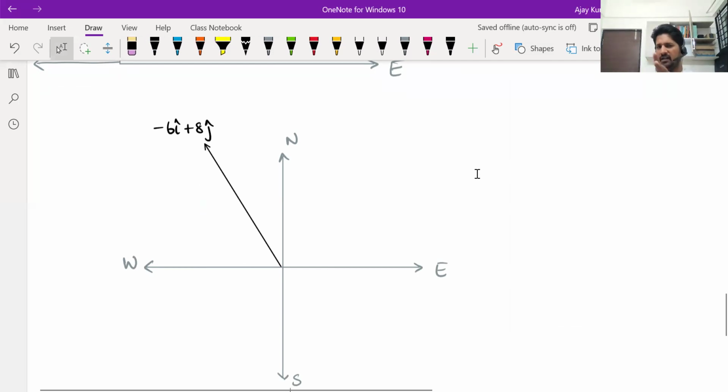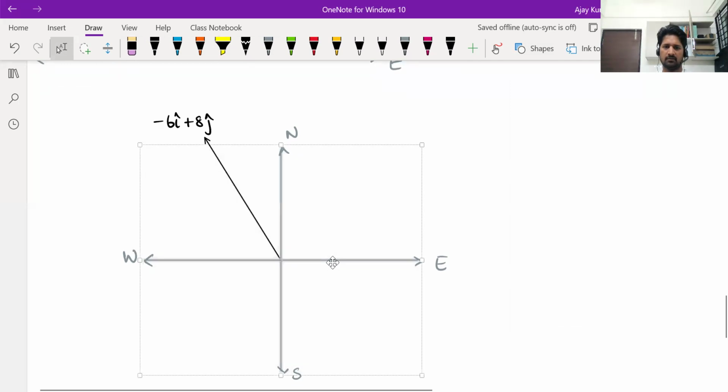Can anyone tell me an idea to describe its direction? If you have any way to express that direction, you can share. Suppose you want to tell someone to move that way. How will you tell? Sir, 6 meters due west and 8 meters due north.